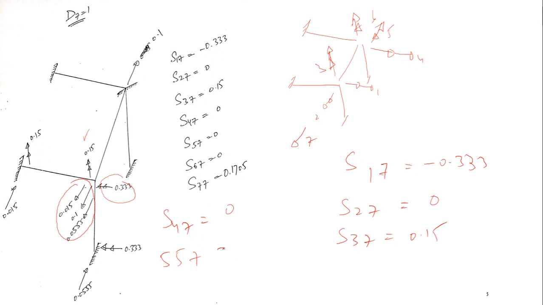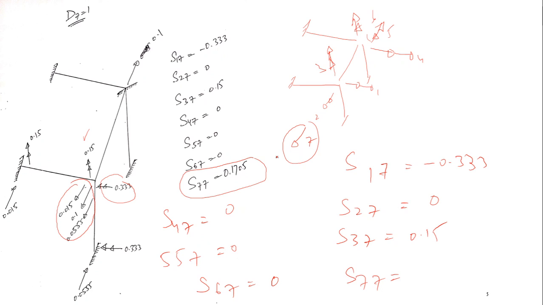S75 is again 0, no moment here. S76, 6 is moment in y direction here at this joint, 0. S77, 7 is this axial deformation, sway, and corresponding to that I have this, so I have to add 0.015, 0.015 and 0.055, and I'll get this.